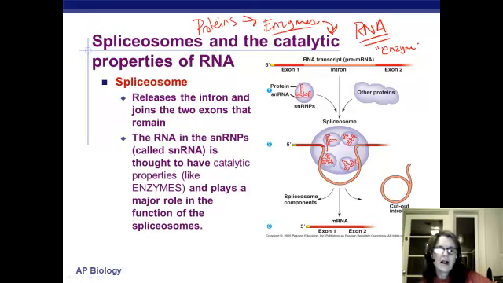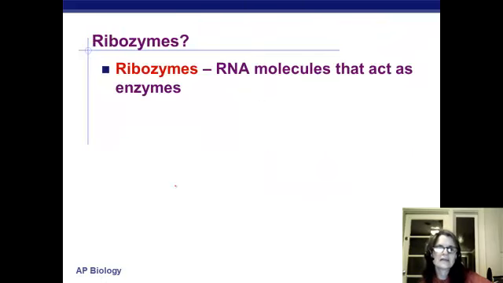Now, the RNA in the SNRPs that we've talked about is thought to have catalytic properties, very much like enzymes. And these kinds of RNA molecules have come to be known as ribozymes, RNA molecules that act as enzymes.